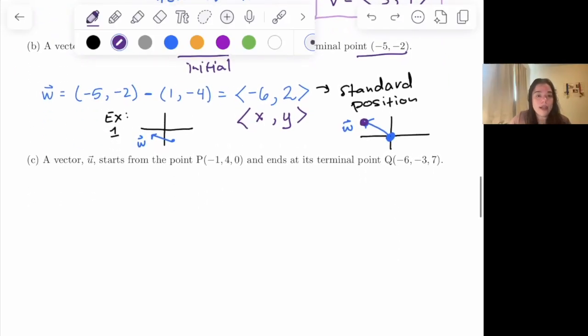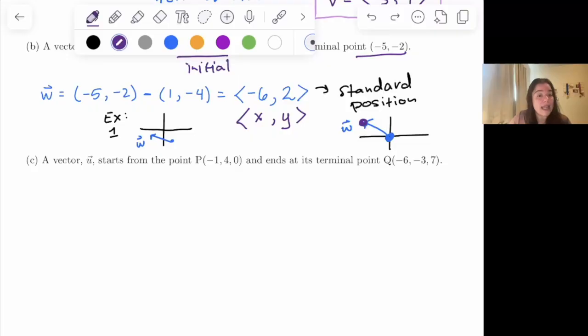Let's just do one more example, but notice example C is now in 3 dimensions. And I'm going to show some other notation that can be used. So a vector u, we're looking at a vector called u, starts at a certain point and ends at a different point labeled P and Q. Let's create this vector in standard position.